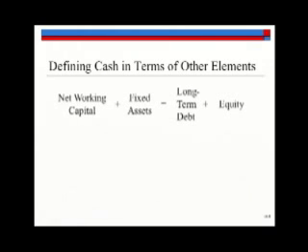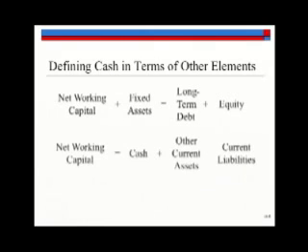All right, so here's the little definition I was pointing out on the chart earlier. If we take net working capital plus fixed assets on the left side, on the asset side of the balance sheet, we get long-term debt plus equity. And if we rearrange that equation a little bit, first we're going to define net working capital again as equal to cash plus other current assets minus current liabilities.